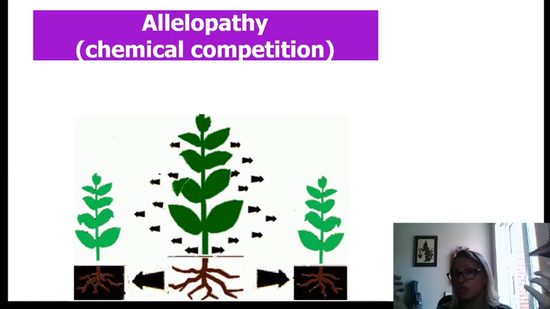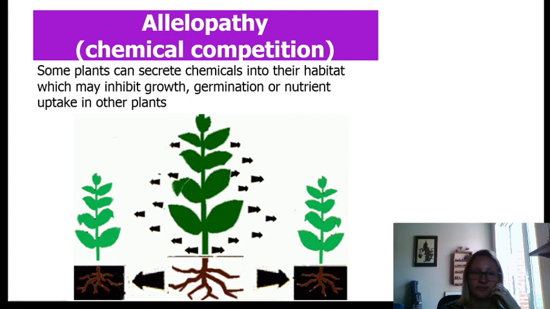So they've got less competition for things like light and other resources as well. That's called allelopathy. So they might inhibit growth, they might prevent germination of particular seeds, or they might prevent nutrient uptake by other plants.